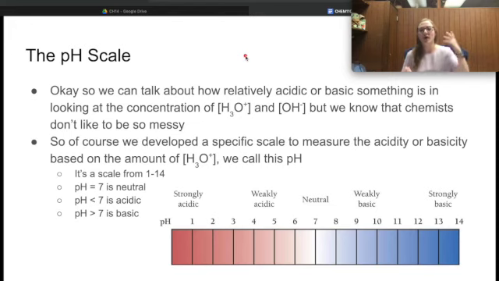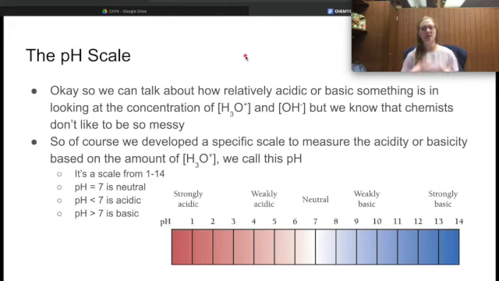If we just look at the concentration of H3O+, we can call this pH on a scale. We'll talk about how we calculate between pH and H3O+ and where this scale came from a little later in this lecture, but for right now, we're just going to think about the fact that pH measures the concentration of H3O+.